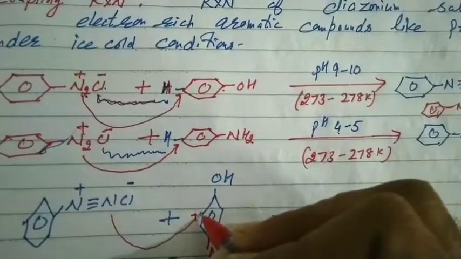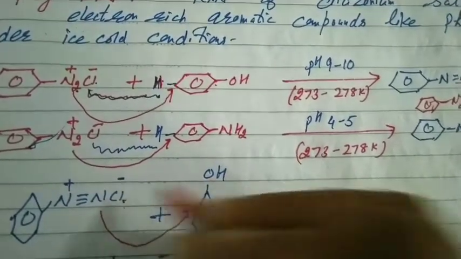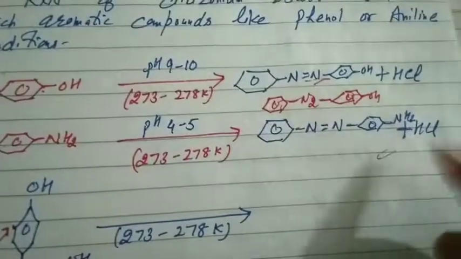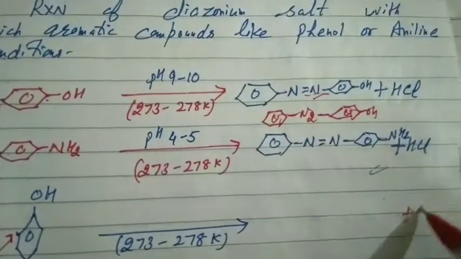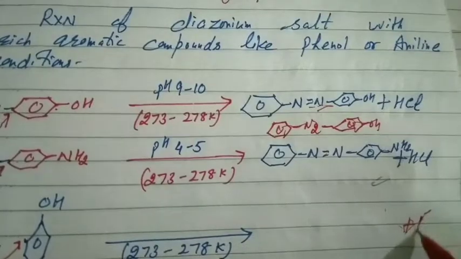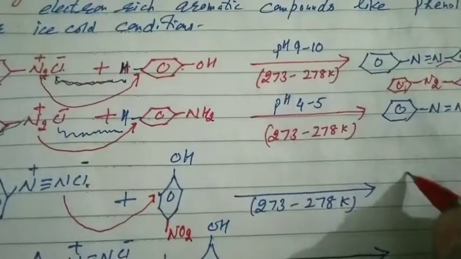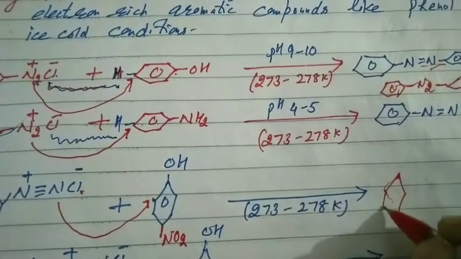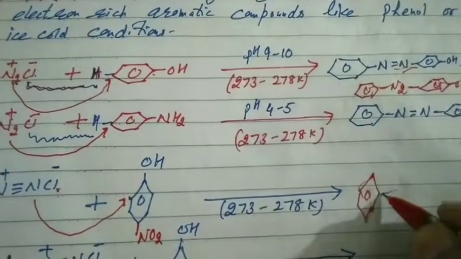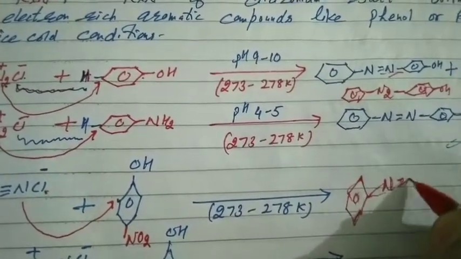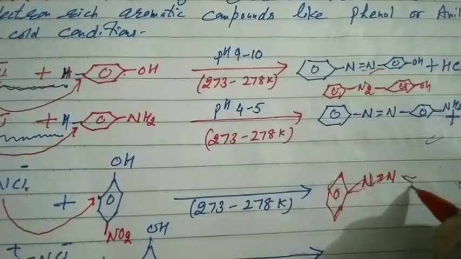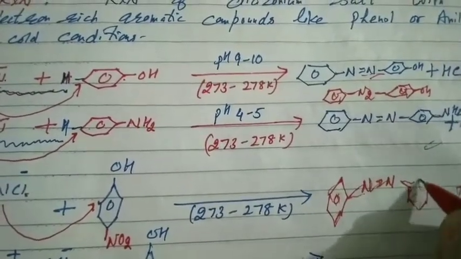That is, hydrogen from ortho is replaced, undergoes reaction with Cl negative of diazonium chloride, forms HCl as byproduct. If para is blocked, in this case para is blocked, students, what will happen? Now coupling takes place at ortho position. It will couple at ortho position of phenol.